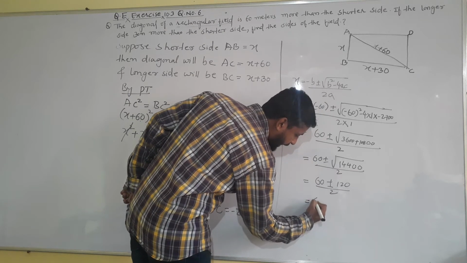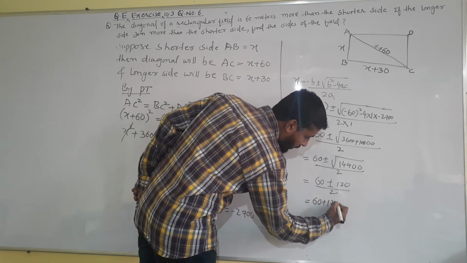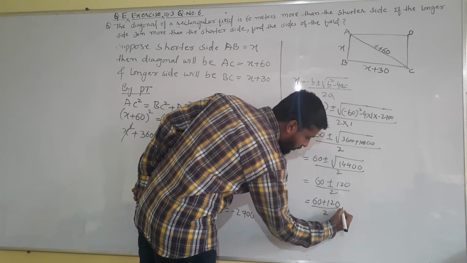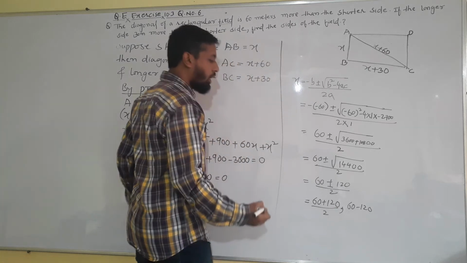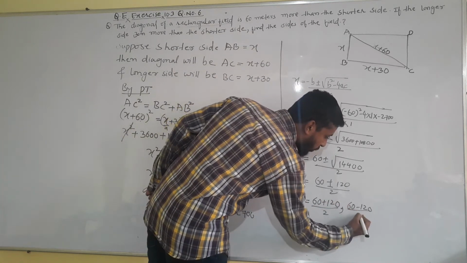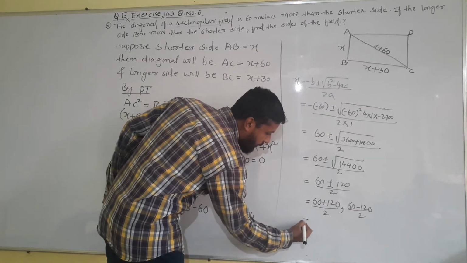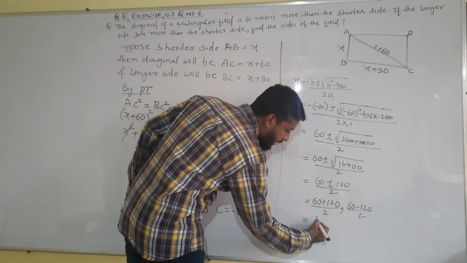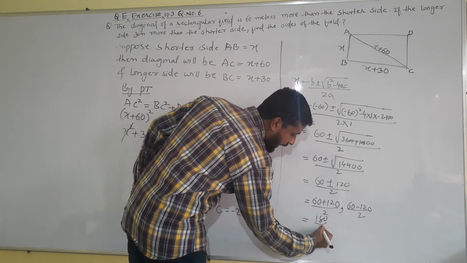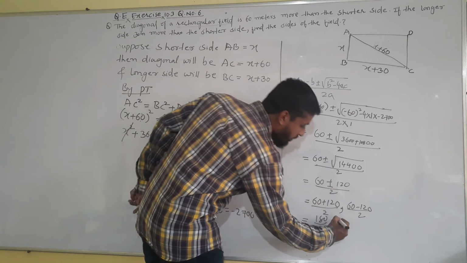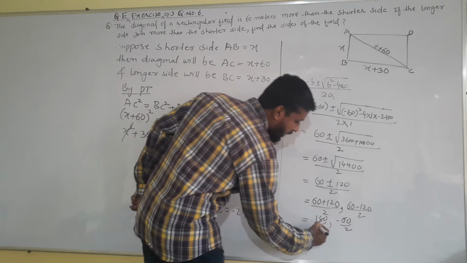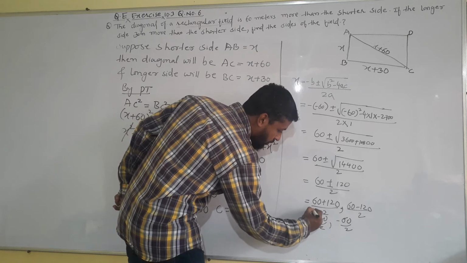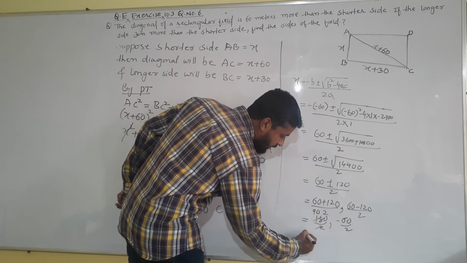Now I will separate: 60 plus 120 divided by 2, comma, 60 minus 120 divided by 2. So this will be 180 divided by 2 and this will be minus 60 divided by 2. Here 2 ones are 2, 2 nines are 18, 0 as it is.